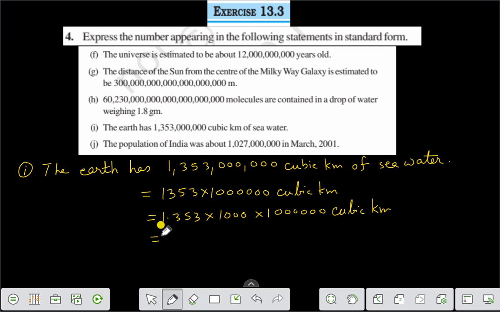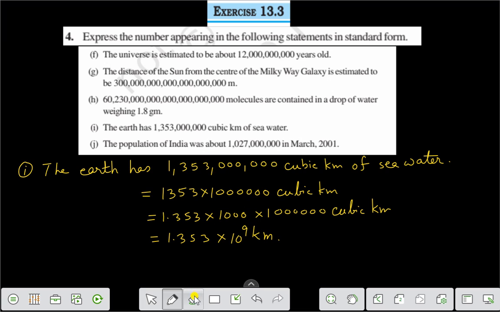Therefore, it can be written as 1.353 into 10 to the power 9 kilometer. This is the standard form, right?